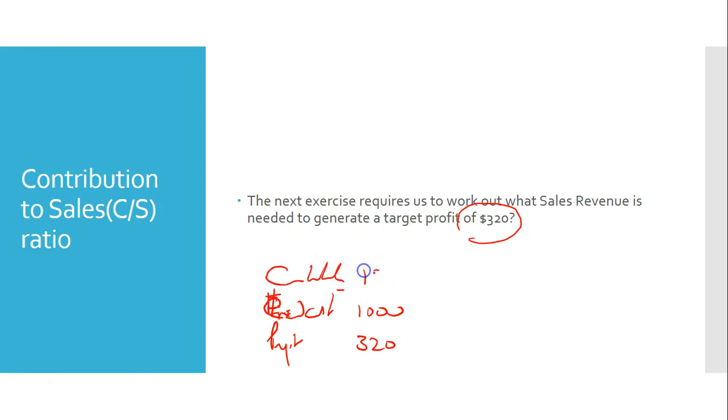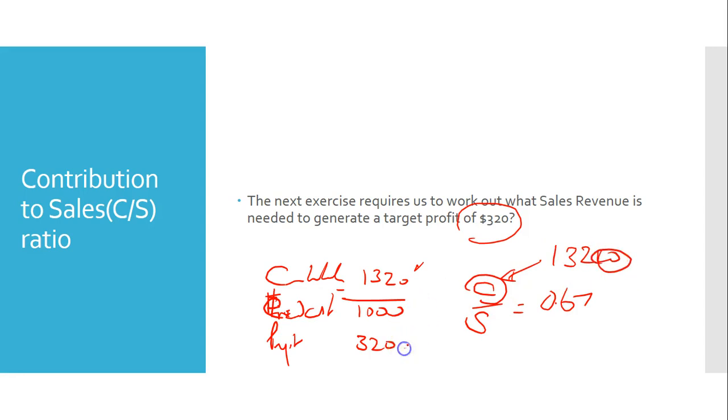We know your fixed costs are, I think, 1,000. Well, we know the contribution must be 1,320, which I found based on my profit plus my fixed costs. And if I know that C over S equals 0.67, now I know what contribution is, so I can find revenue: 1,320 divided by 0.67.